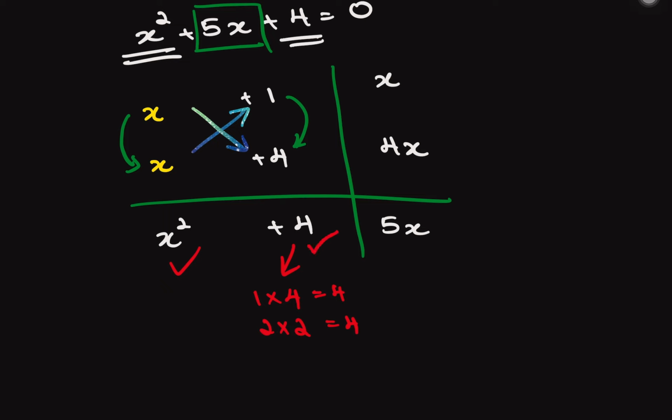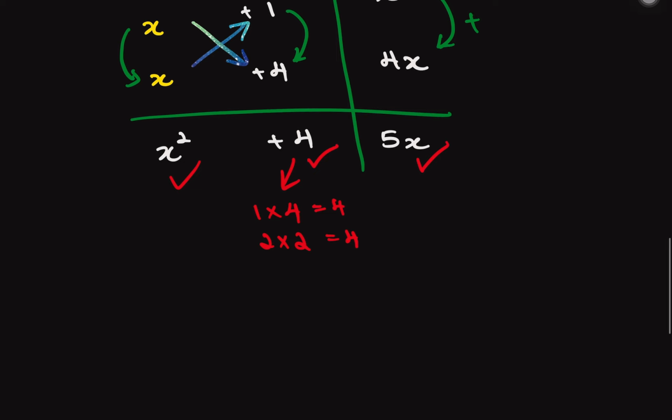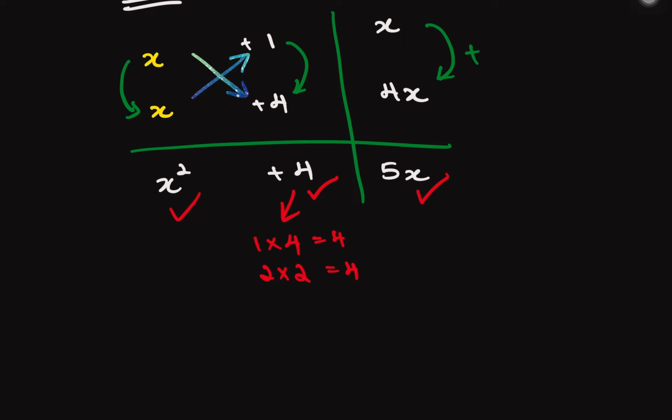And for the last one, x plus 4x, and we will get positive 5x. So therefore, when all the terms are satisfied, we write the answer in the brackets in this way, which will be x plus 1 and x plus 4 equals to 0.